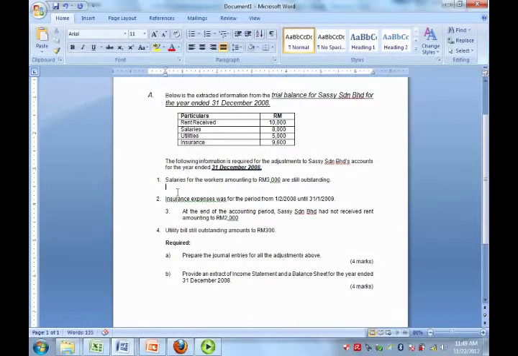Alright. First, salary. Salary for the worker amounting to 3,000 is still outstanding. So the keyword here now is what, class? Still outstanding. So, still outstanding refers to what, class? Yes, it is accrued expenses.